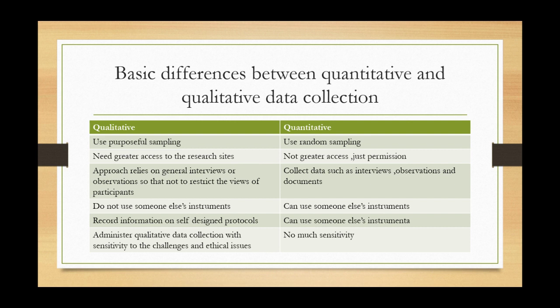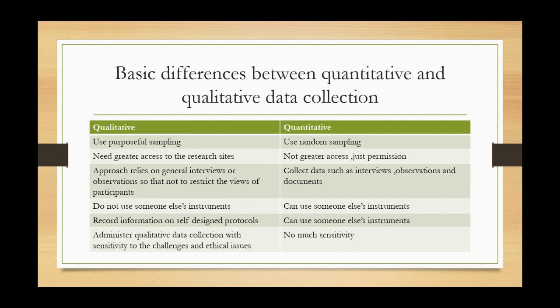In both quantitative and qualitative research, we do need permissions when we want to begin our study. But in qualitative research, we need greater access to these sites, because you will typically go to the sites and interview people, and observe them.